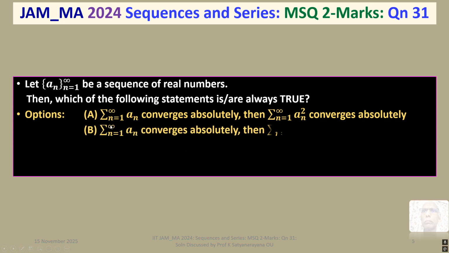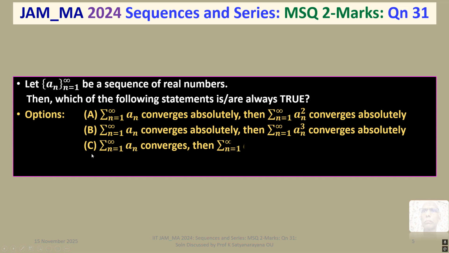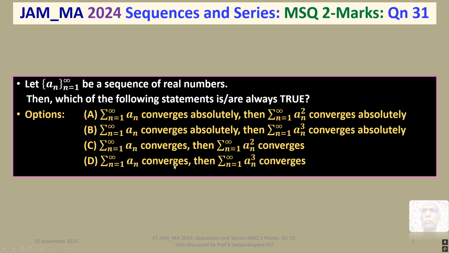Option B, sigma an converges absolutely, then sigma an cube converges absolutely. Option C, sigma n is equal to 1 to infinity an converges, then sigma an square converges. Option D, sigma an converges, then sigma an cube converges.